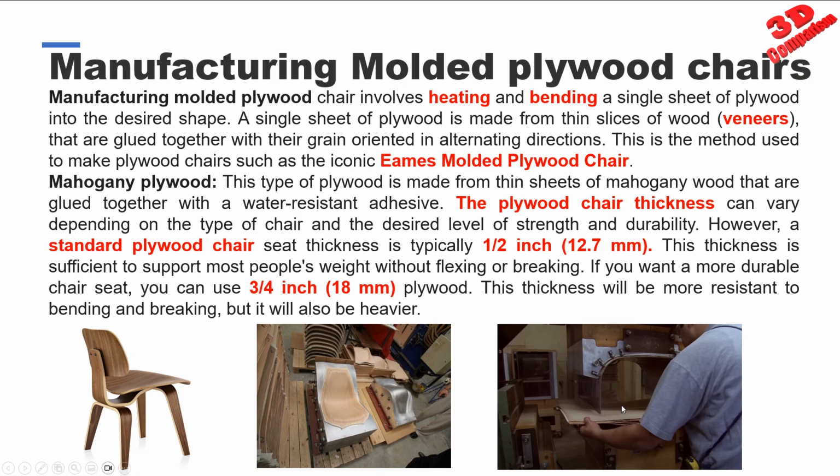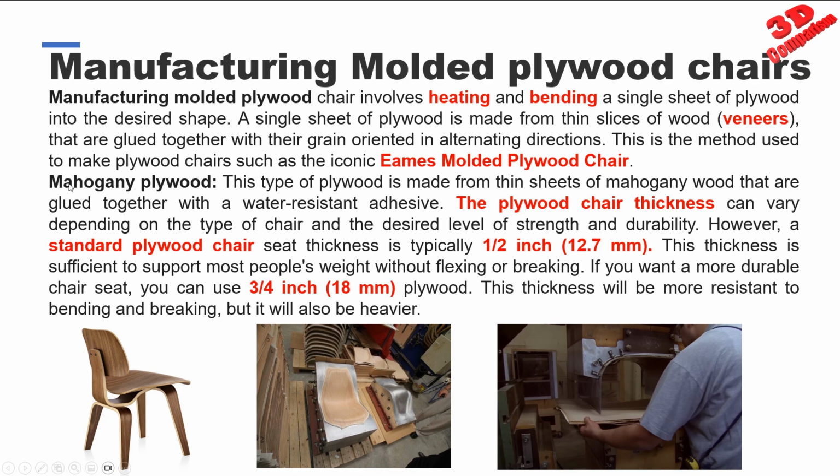It's important that when they are glued together, their grain orientation is positioned alternately. So this greatly increases the strength of the chair. This method is used to make plywood chairs such as the iconic molded plywood chair from Eames that we see over here to the left.